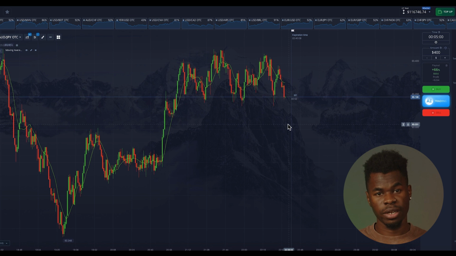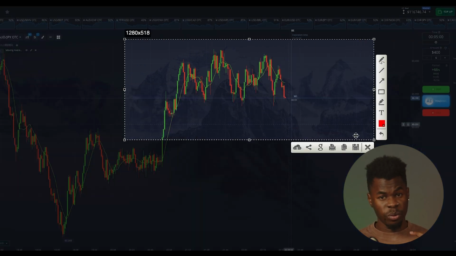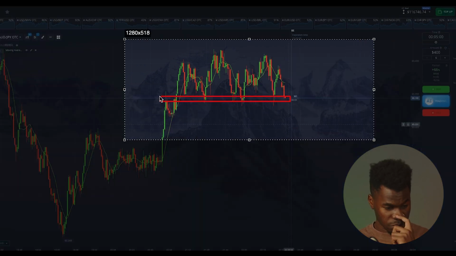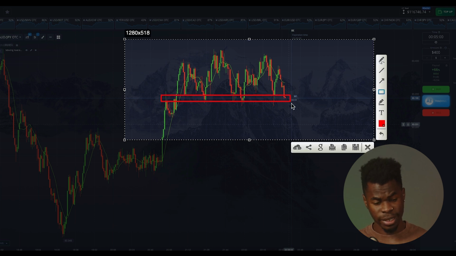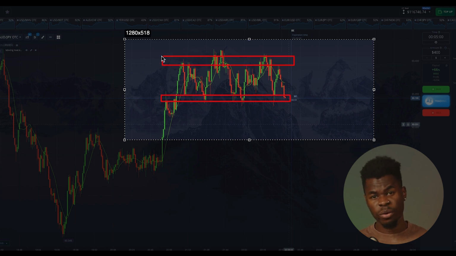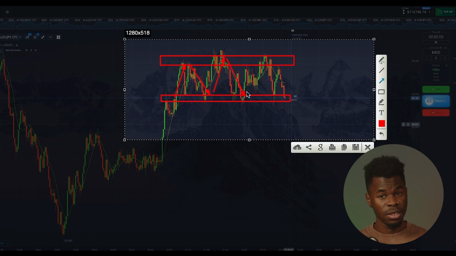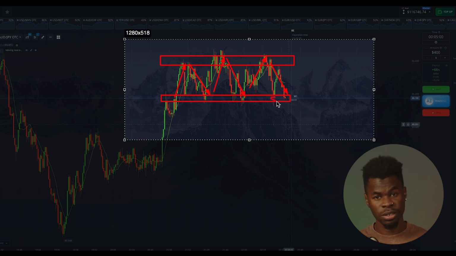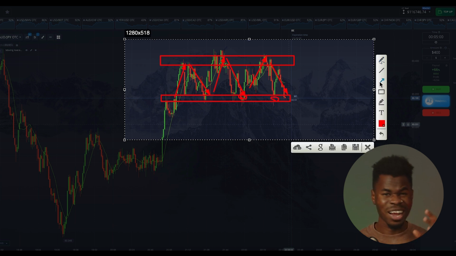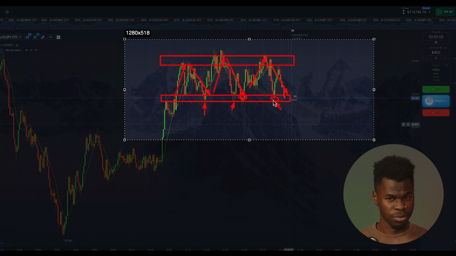Let's review the chart now and try to predict where the price will go. We see the price approaching the support level again, which I will mark, and nearby the resistance level. The frequent touches of the support level raise suspicion, guys. So a breakout and a strong downward move are likely to happen soon.